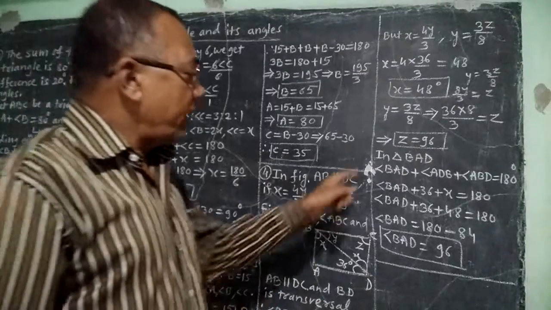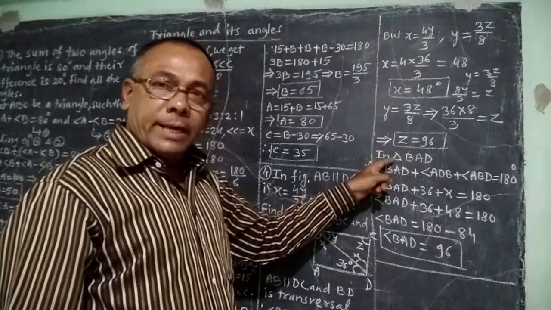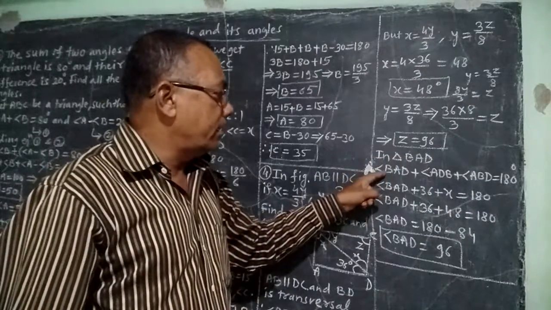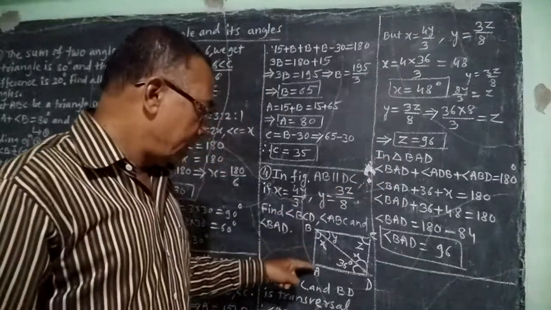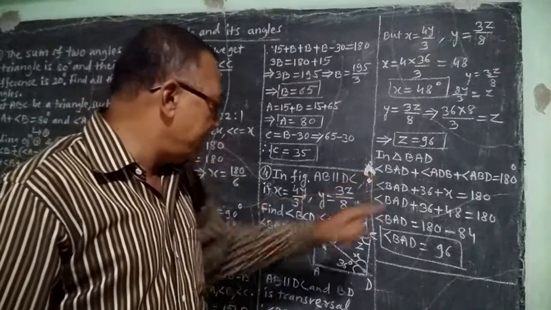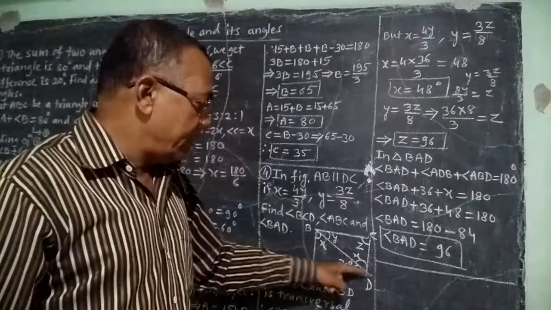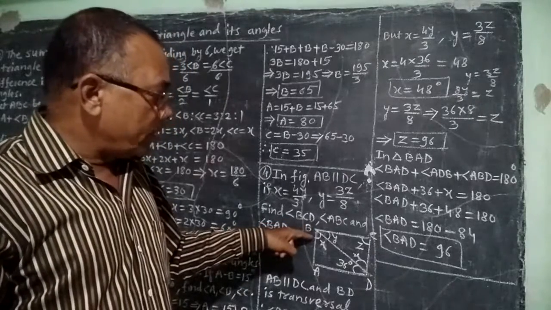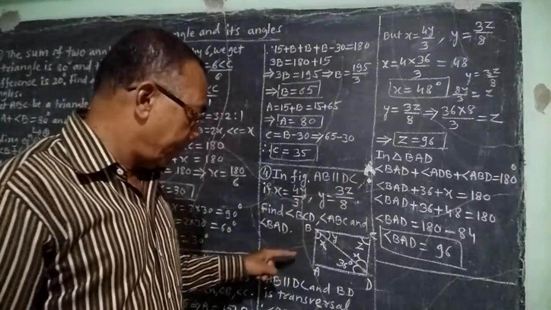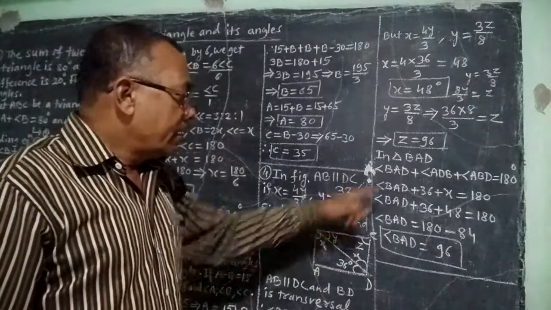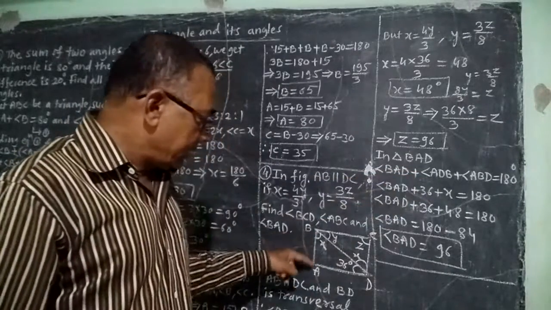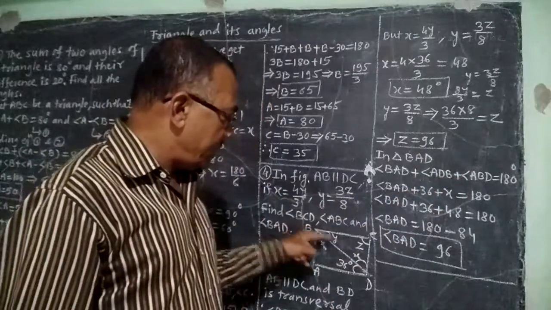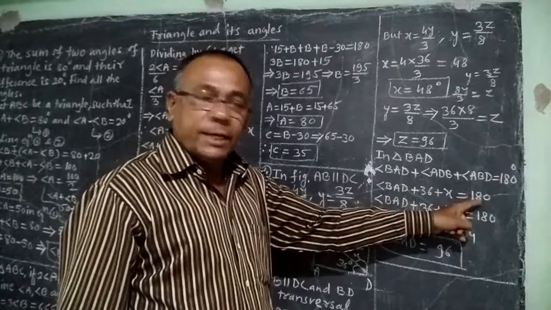Now we have to find angle BAD. In triangle BAD we have to apply the angle sum property of a triangle. So angle BAD plus angle ADB plus angle ABD is equal to 180 degrees.